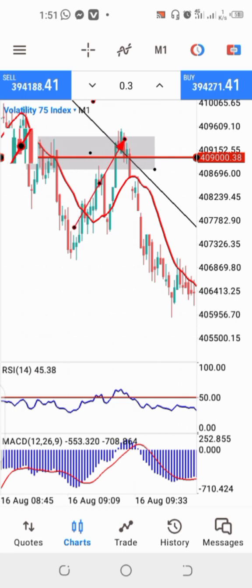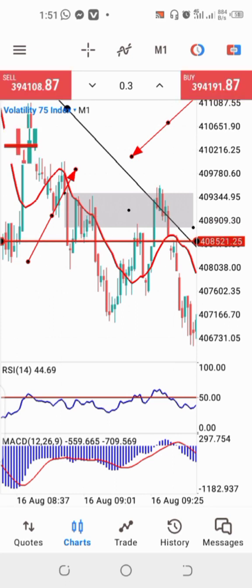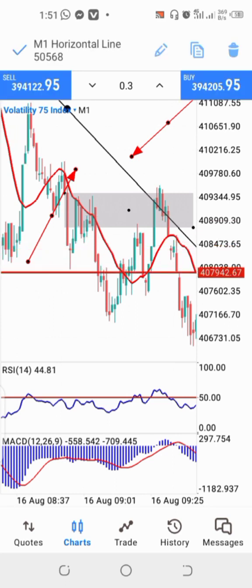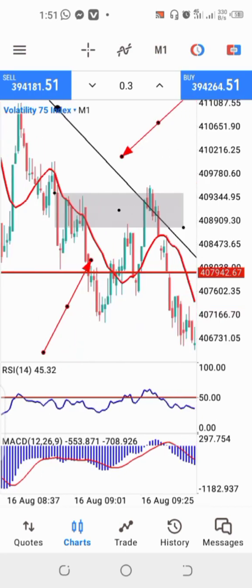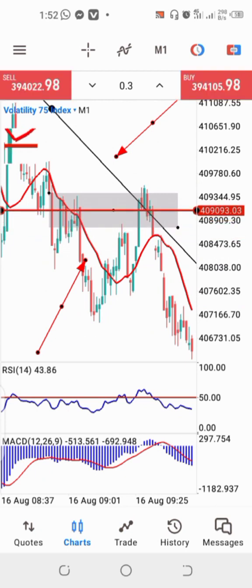At the close of this red candle, an aggressive trader may decide to short the market and place a sell here, and put the stop loss just above this curve or above the wicks.